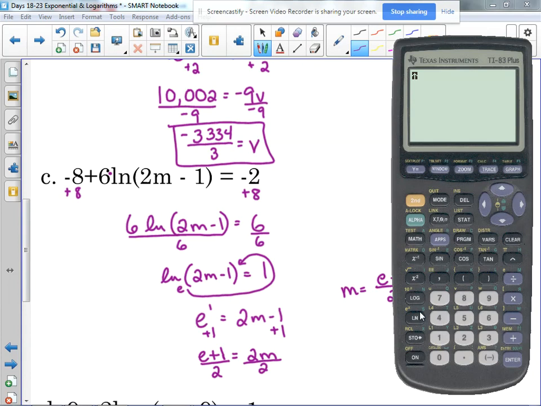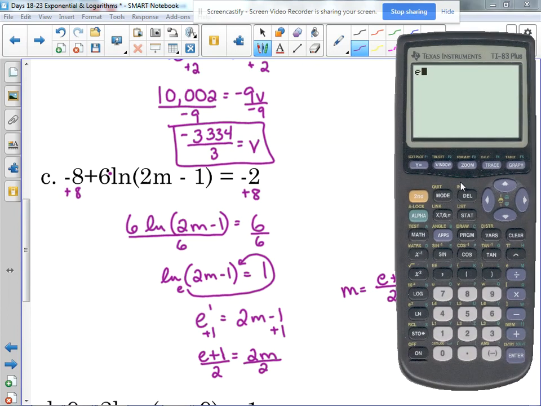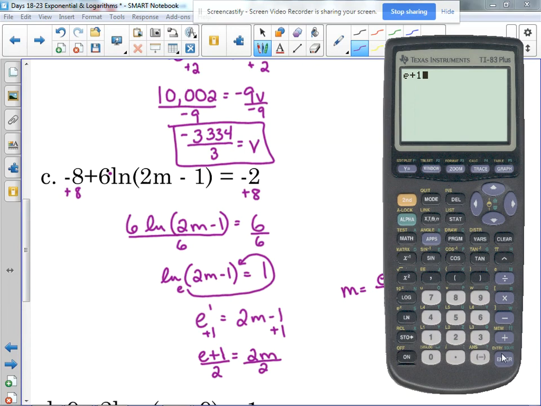Now, there are actually 2 options for your e on the calculator. It's either here with the natural log, but that automatically has an exponent. In this case, our e doesn't have an exponent, so we're actually going to use second division, and that's going to give us just e plus 1.